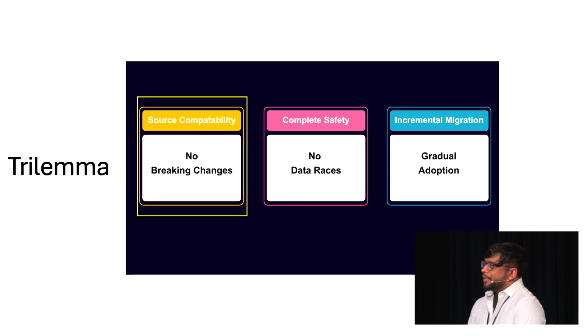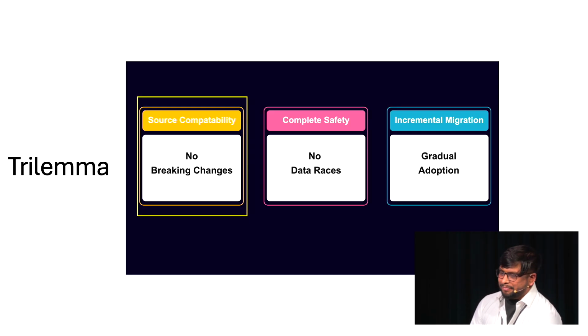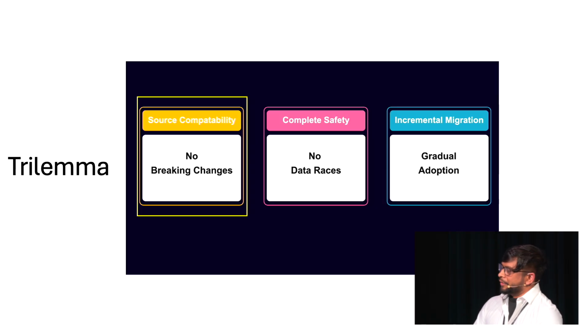So why did Apple do this? Why did they break everyone's code? Before I answer, I just want to tell you about a concept called the trilemma in software engineering. You can achieve 2 out of the 3 goals. Source compatibility, the existing code will work, no issues.